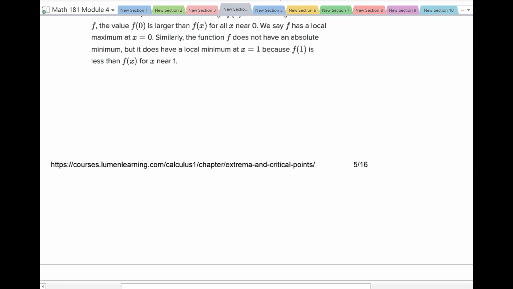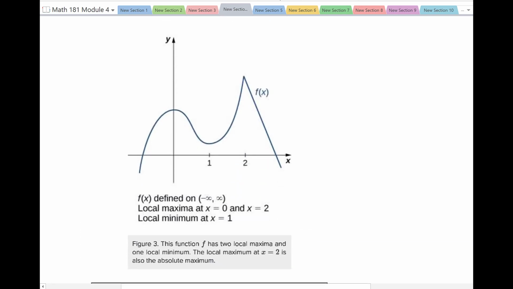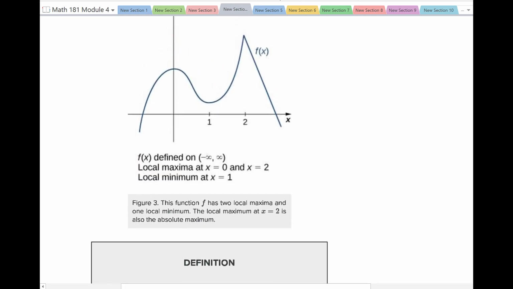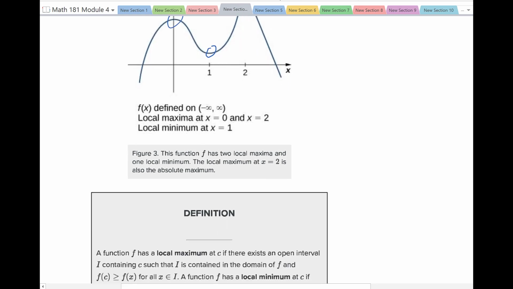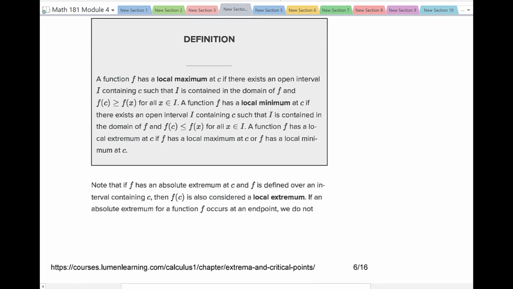So in your closed interval, you will have some value there. Here's our maximum here, here's a maximum there, and there's a minimum there. So you have an absolute maximum.